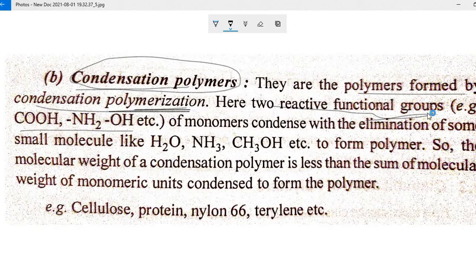So here two reactive functional groups, example carboxylic acid, NH2, OH, etc. of monomers condensed with the elimination of some small molecules like H2O, NH3 and CH3OH to form a polymer.